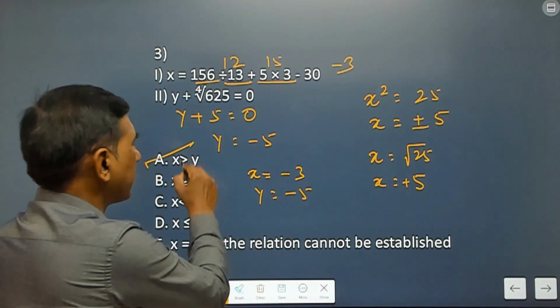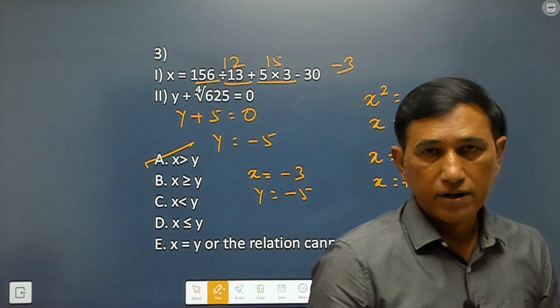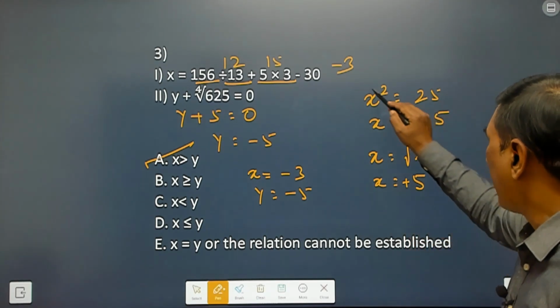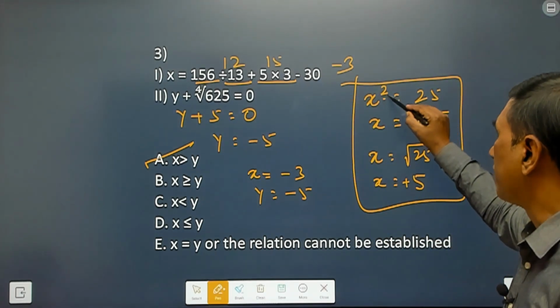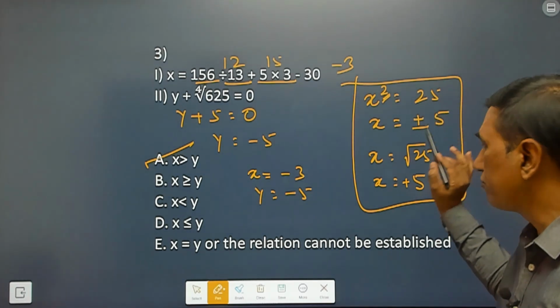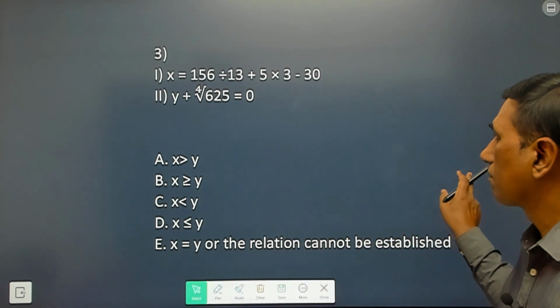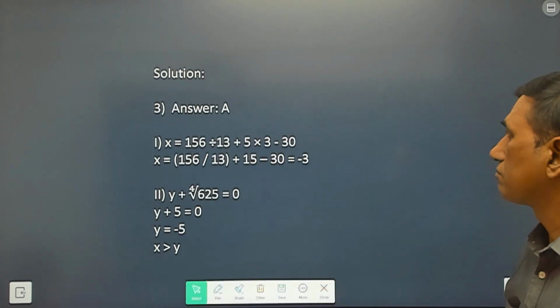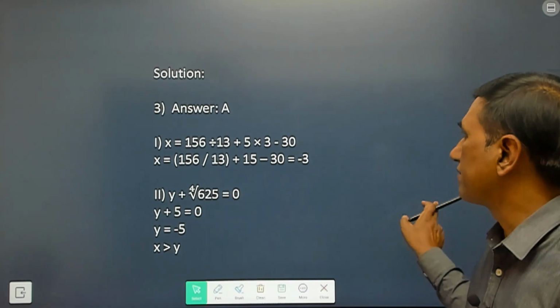So x is greater than y. So okay, the things that we have to learn for future is when we have a square, this is plus minus. When we have root, this is only plus. Okay, y is minus 5, this is minus 3.